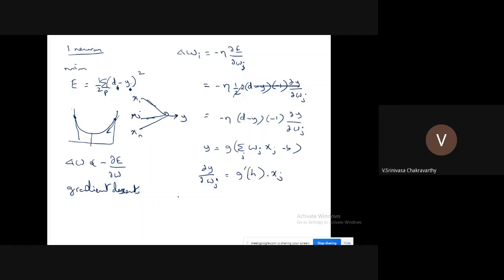So if you put this all together, you get delta wi. So this minus minus gets cancelled. You get eta times d minus y times g prime of h times x. If you do a similar derivation for the bias term b, you get delta b is equal to minus eta times d minus y times g prime of h.